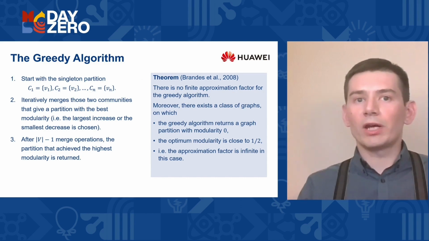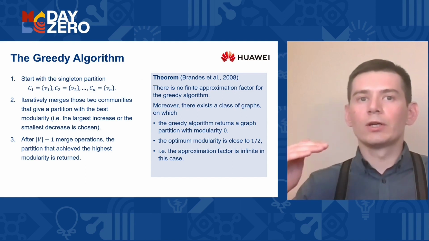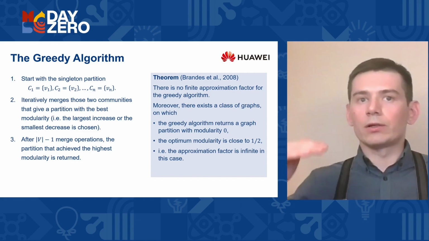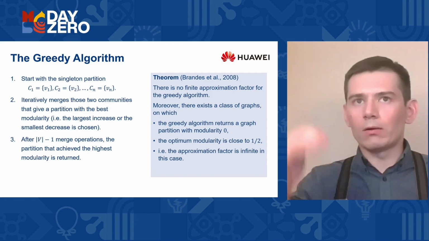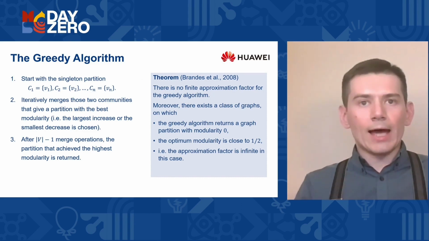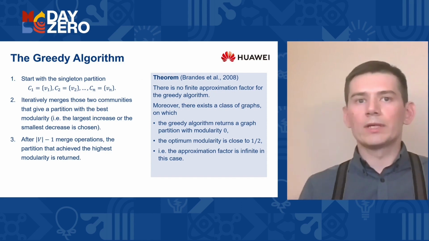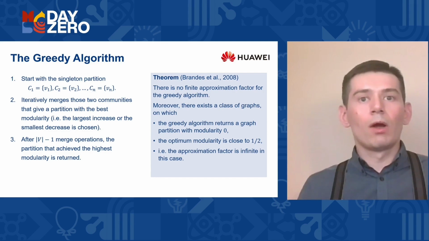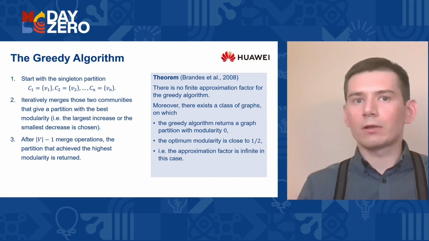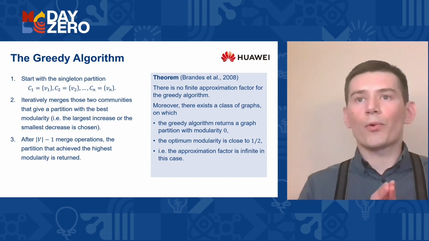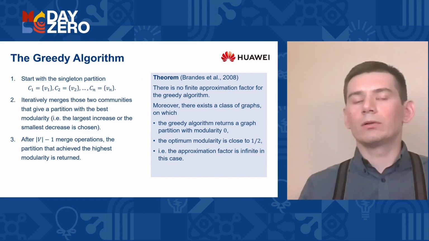So the approximation factor is how many times our algorithm's result is lower than the optimal value. There is a class of graphs on which the greedy algorithm always returns a partition with modularity 0. However, the optimal modularity is close to 1/2. So we can conclude that there is a class of graphs where the approximation factor is almost infinite.